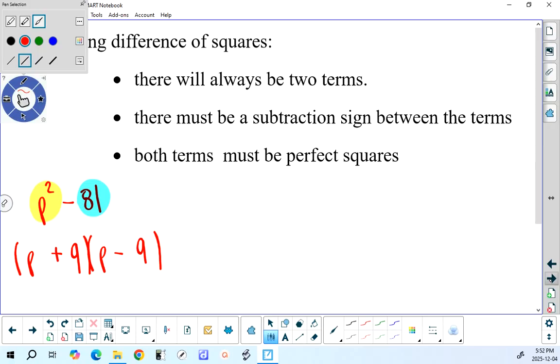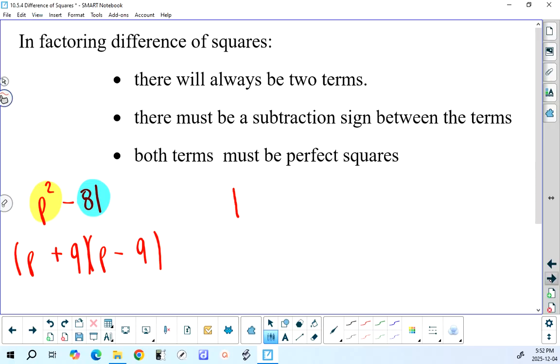If I had 16r squared minus 9, there are two terms. We are subtracting them, and they are both perfect squares. 16r squared is the perfect square of 4r. 9 is the perfect square of 3, plus or minus.